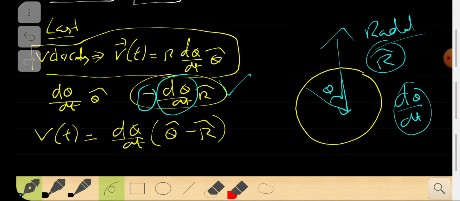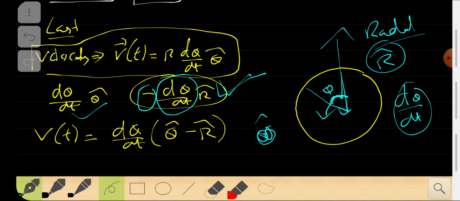If d theta by dt is higher, the rate of change of theta is higher, it is rotating faster, then in the theta cap direction, which is the angular direction, the velocity component will be much higher, whereas in the r cap direction it is quite the opposite. That is physically understanding that equation.